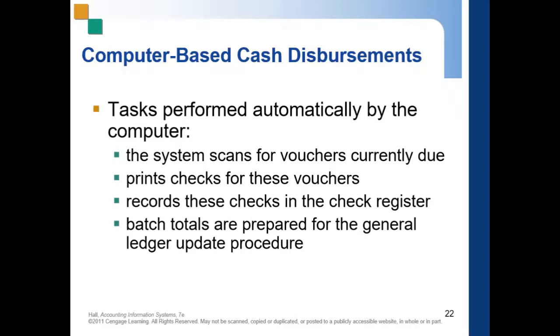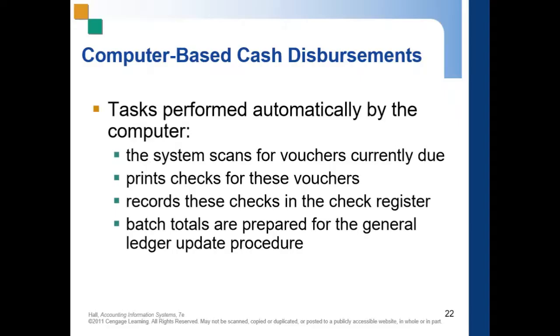Meaning if you're in your open AP file or in your voucher payable file, instead of manually checking if you have a certain due date of payable on that day, the system will alert you, okay, this specific account amount is due today to this specific supplier, and so on and so forth. So the system automatically alerts you already of how much or when accounts payable will be due.